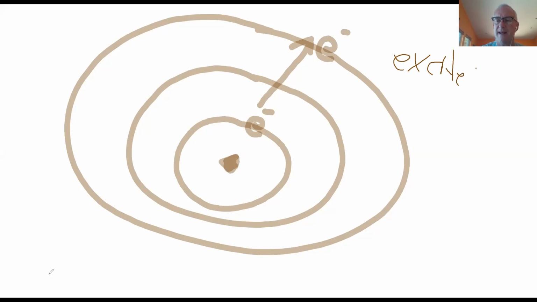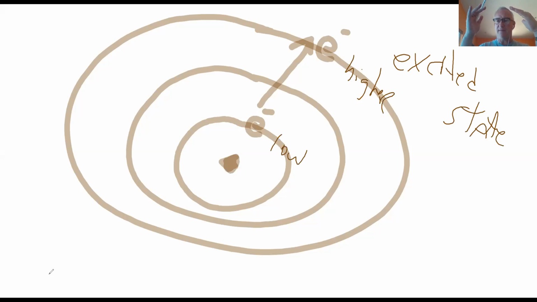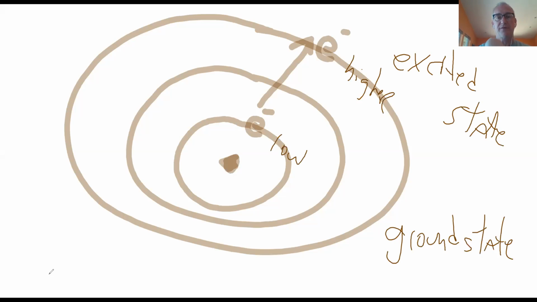So it's absorbed energy at this point. It's moved from a low energy shell to a higher energy shell. Then when that energy is removed and the atom relaxes and returns to what we call the ground state, that electron then moves back to where it was originally.